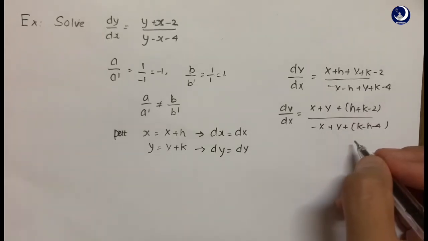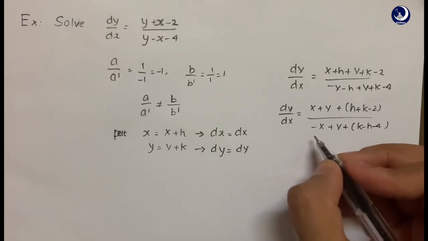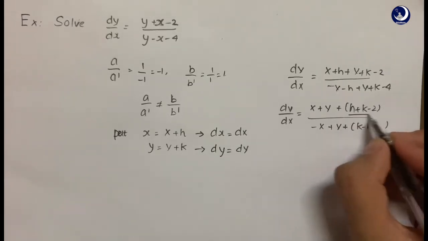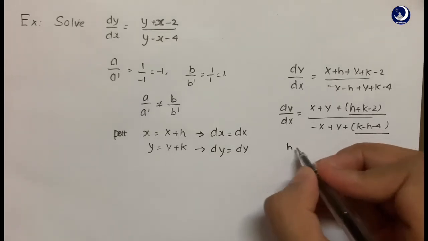In order to reduce the given differential equation into homogeneous, these constant values must be equated to 0.